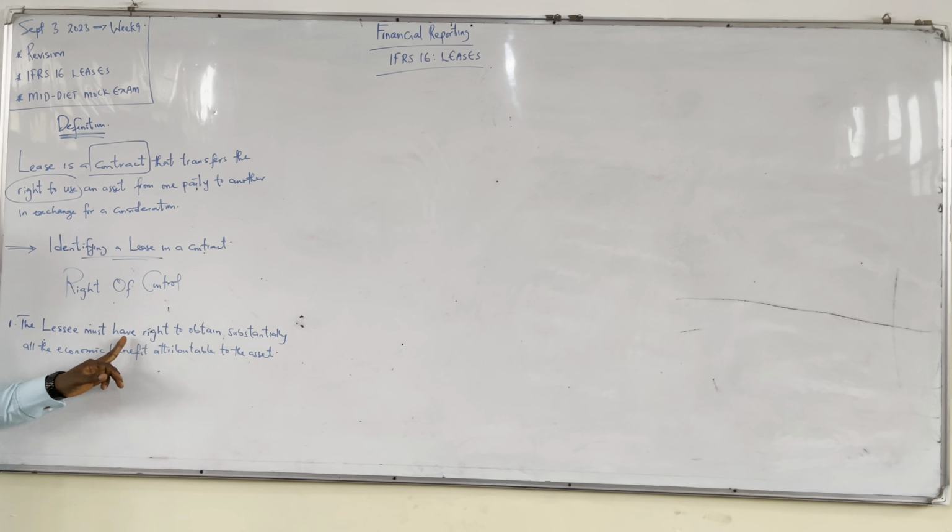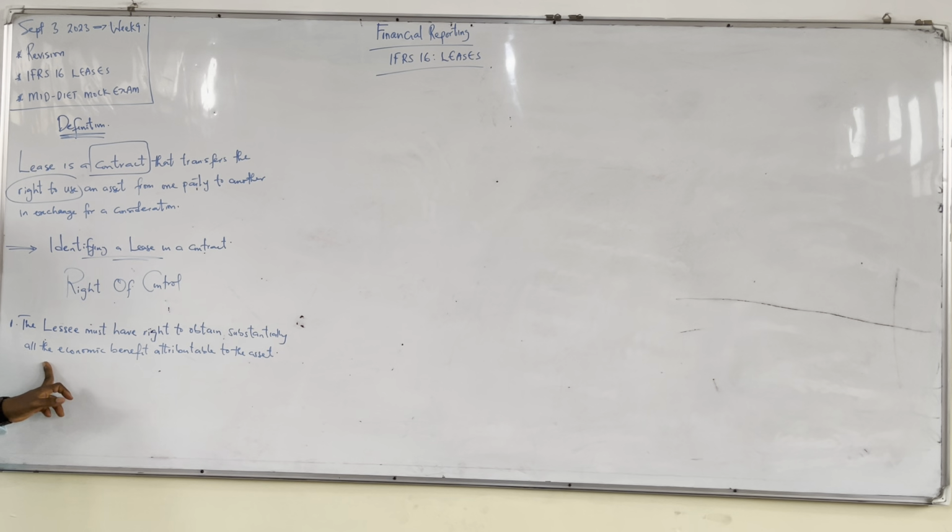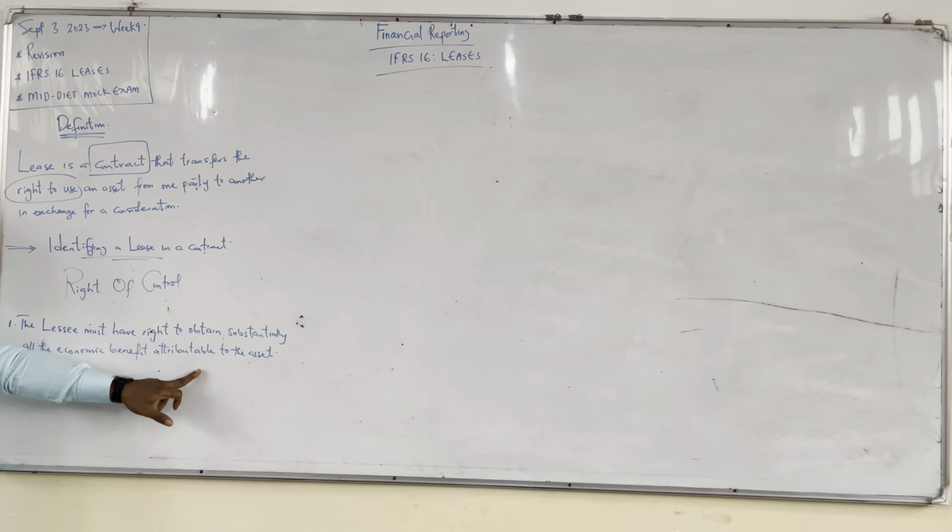The lessee must have right to obtain substantially all the economic benefits attributable to the asset. What this simply means is that the lessee must be the only one using the asset. He must be the only one enjoying economic benefit from the asset at that point in time. Right? That's the first one.